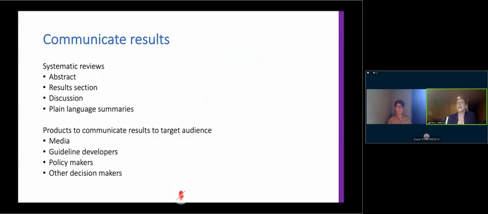And also in any product that we would want to create to communicate the results of our systematic review to many different target audiences, whether it's through the media, guideline developers who are using our reviews to make recommendations, policymakers who need to look at this evidence to make decisions at a policy level, and any other decision maker.